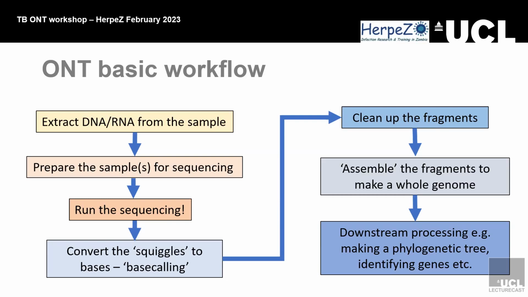Your fragments are overlapped where they complement each other to create the whole genome. Then you use downstream processing to create things like phylogenetic trees, like he was showing you, the tree that shows how related these samples are and whether they cluster, so you can know the relatedness of the samples that you sequenced.